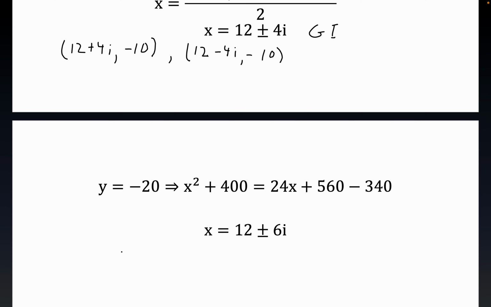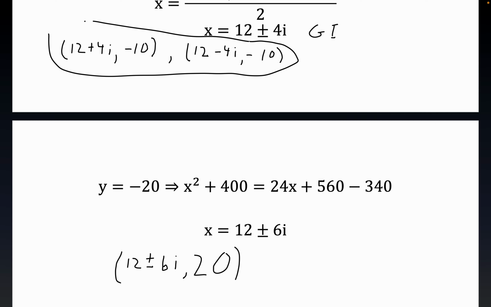So I'll just be sloppy right here and say that's 12 plus or minus 6i, and the y coordinate is -20. Okay, folks, so that does it. There are 4 solutions here: there's 2 of them, and then here's the other 2.